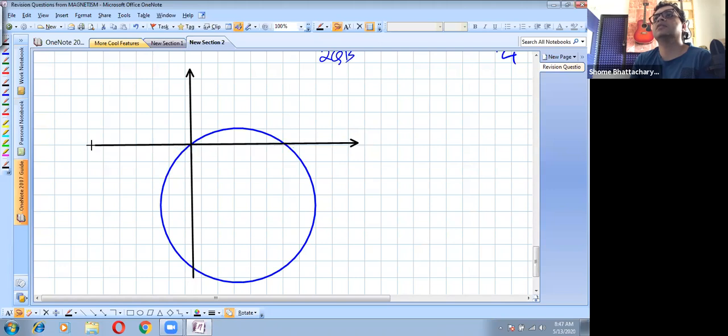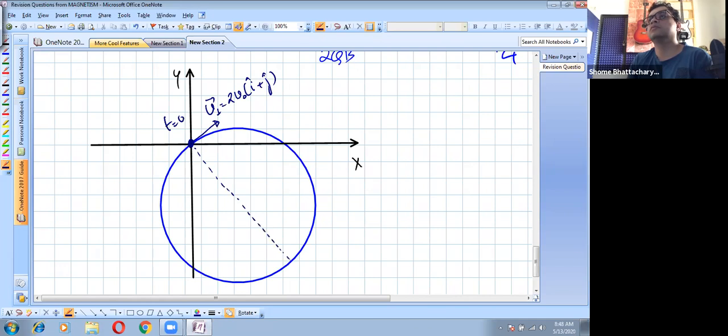Something like this. So this is where the particle has started from at t equal to 0. So it would be here.